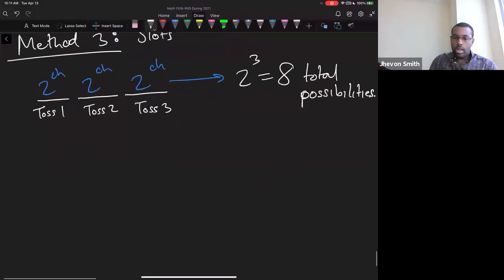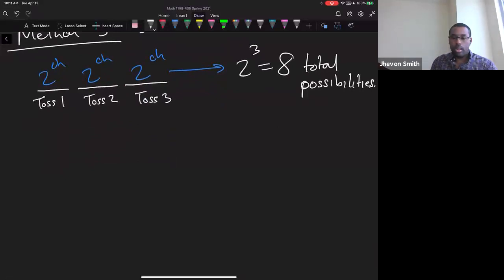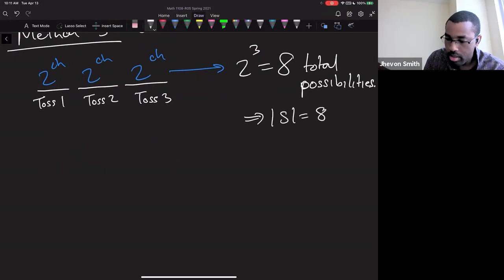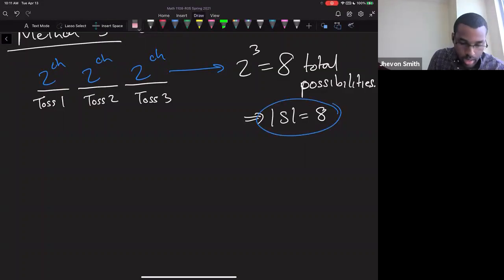So the size of the sample space is 8. And so now we can go to A.